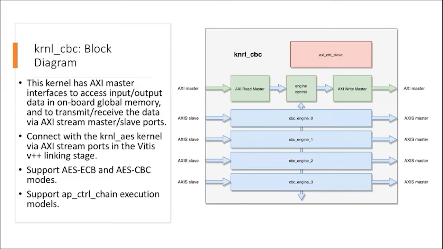This kernel will be connected with the kernel AES via the AXI stream port in the Vitis linking stage. We will see that in just a second. This kernel handles the AES ECB and AES CBC modes. It also supports the AP control chain execution model.